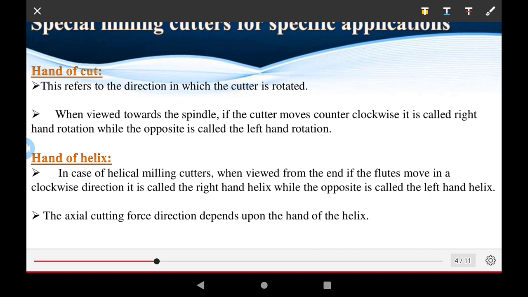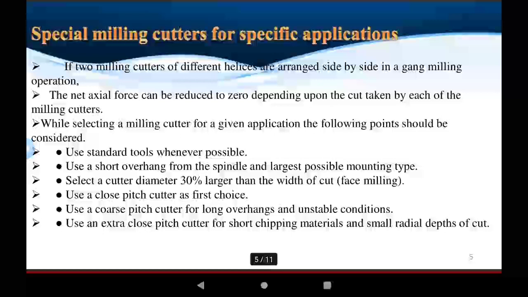And some other applications are used in the manufacturing operations. Okay, a special milling cutter for specific applications.